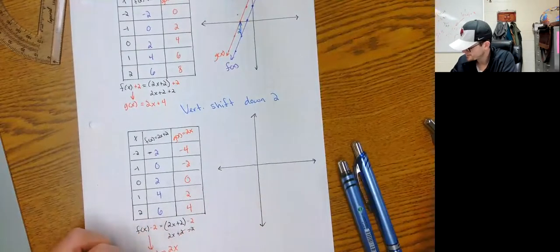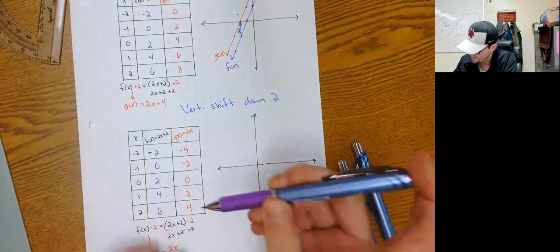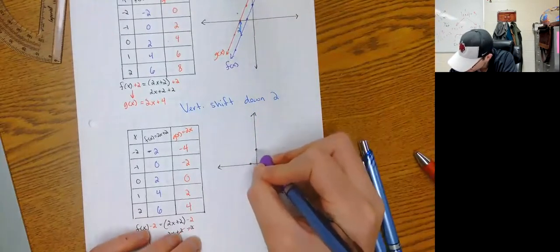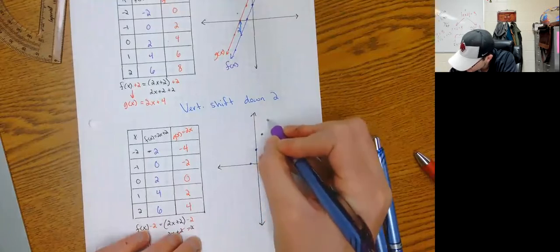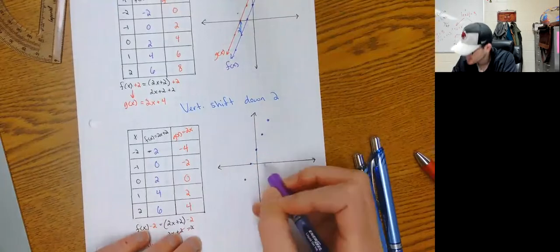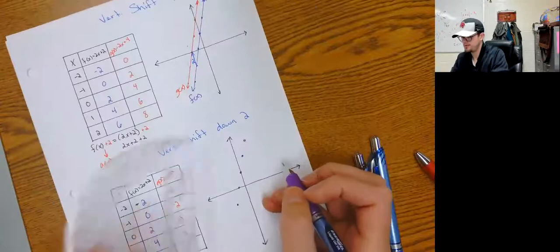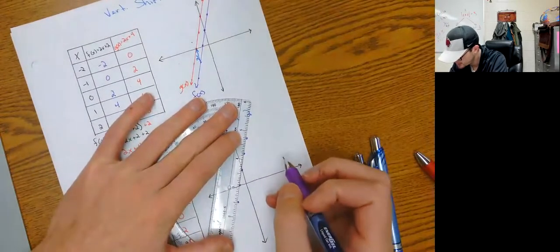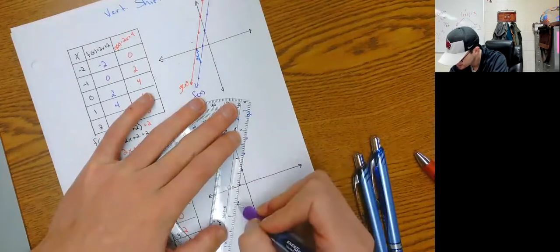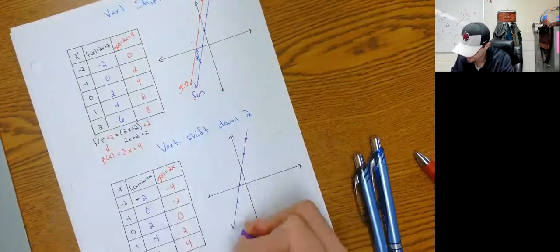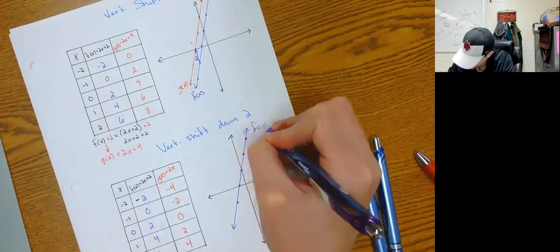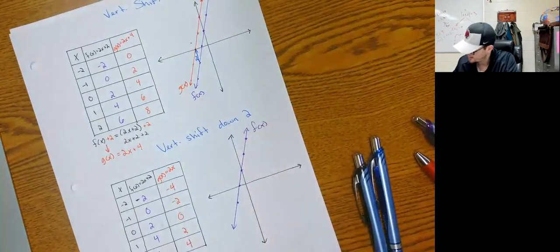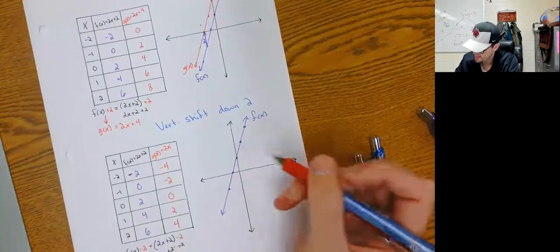So let's graph these. We got our first one, which is going to be the same as the last one. So we got this point, this point, this point, this point, and this point. Draw, to the best of our ability, a good solid straight line through the points. F of x. All right, and then g of x.